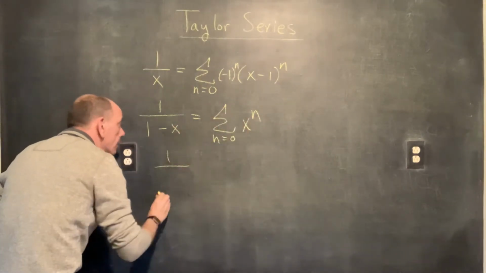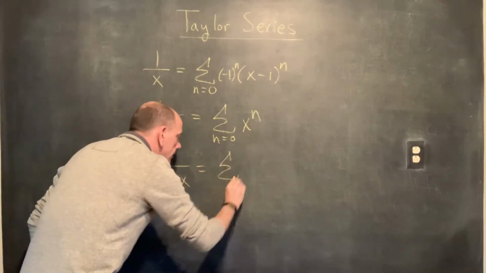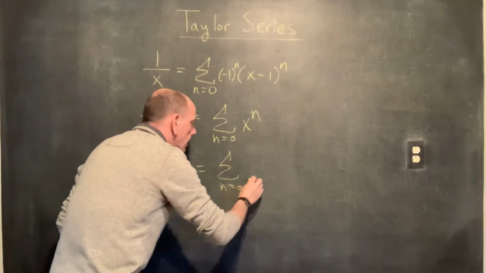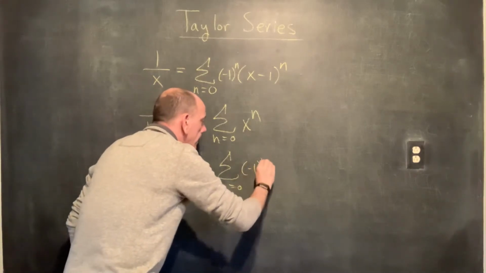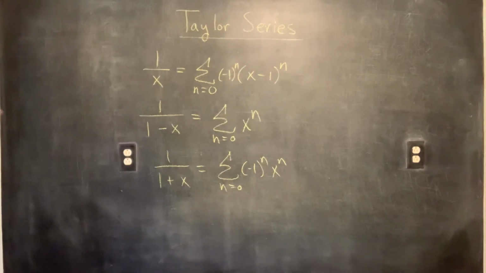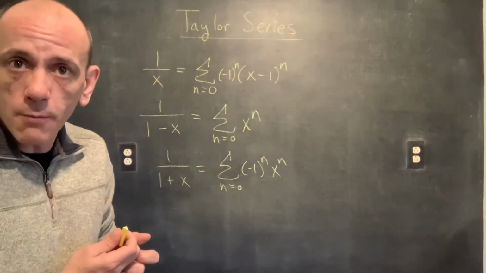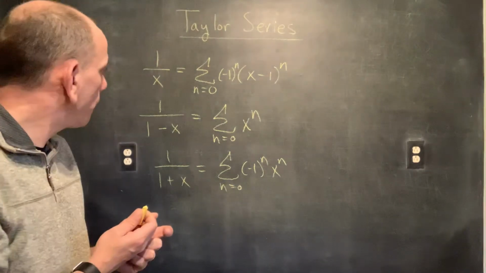So we had 1 over 1 plus x, sum n equals 0, negative 1 to the n, x to the n. Cool. So we've kind of already got those. We derive those from just using geometric series structure.